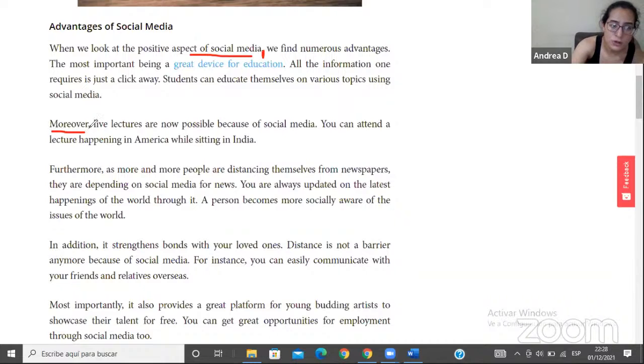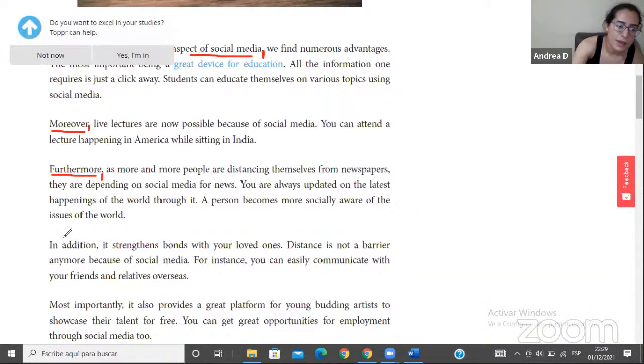Moreover, a transition, comma, live lectures are now possible. Furthermore, comma, as more and more people are distancing themselves. In addition, comma, it strengthens bonds with your loved ones. Most importantly, it's a transition, comma, it also provides a great platform for young people.